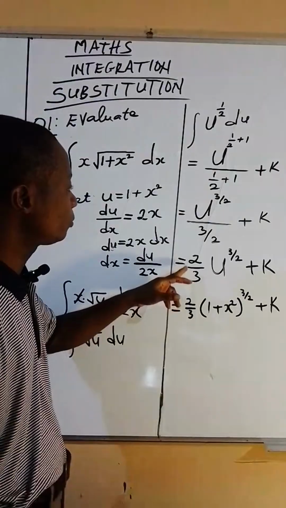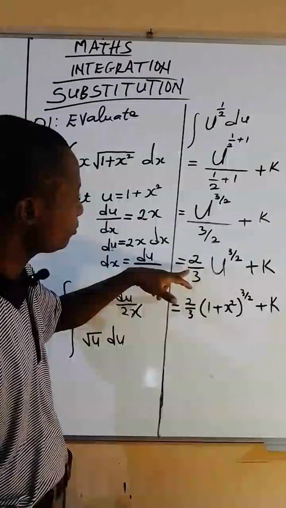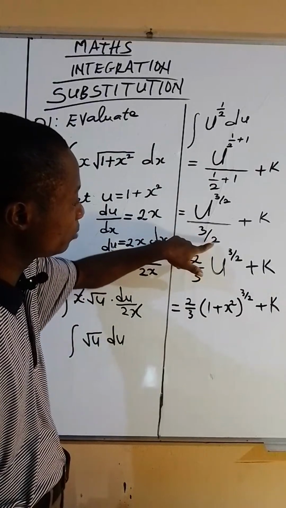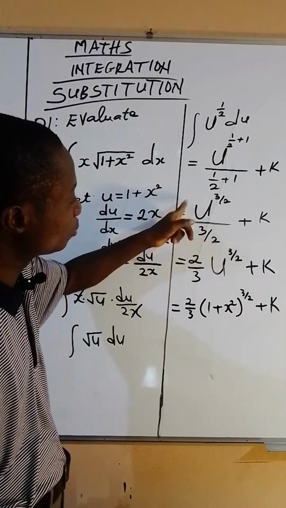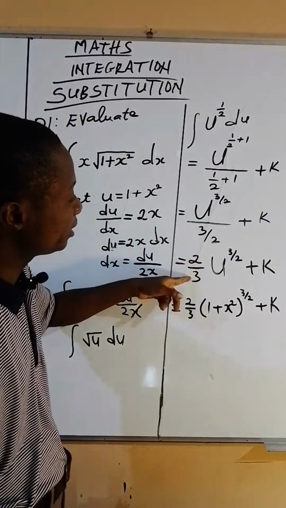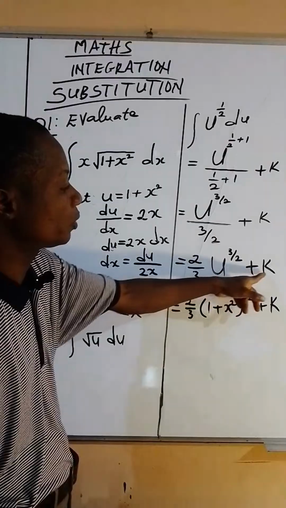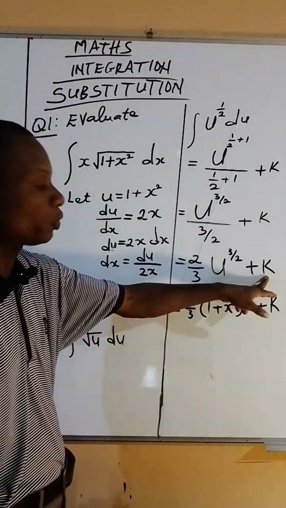Finally, we get to this level where we invert this. Instead of dividing by 3 over 2, we bring the 2 up here and leave 3 underneath. Then we have 2 over 3, open bracket, u to the 3 over 2, plus k, the arbitrary constant.